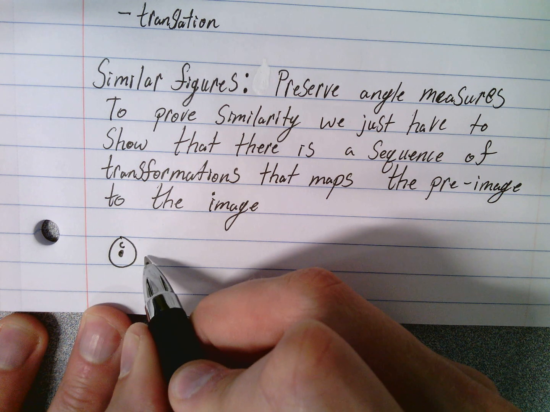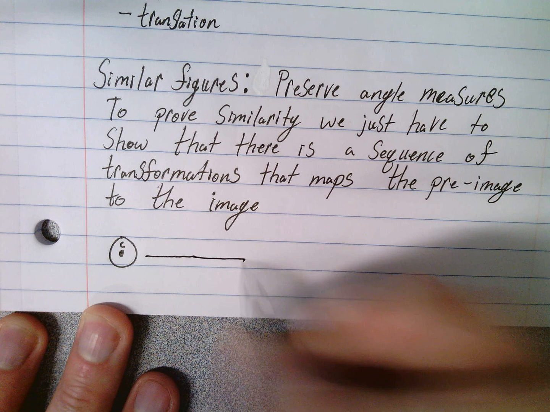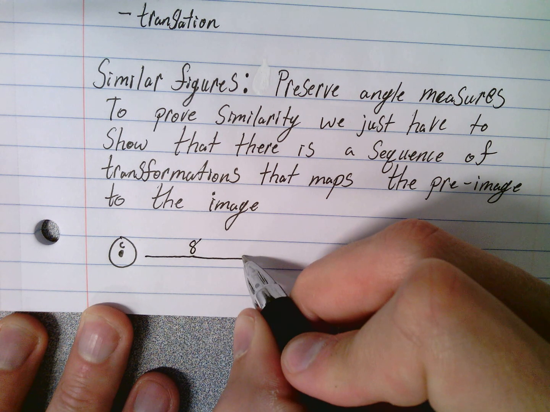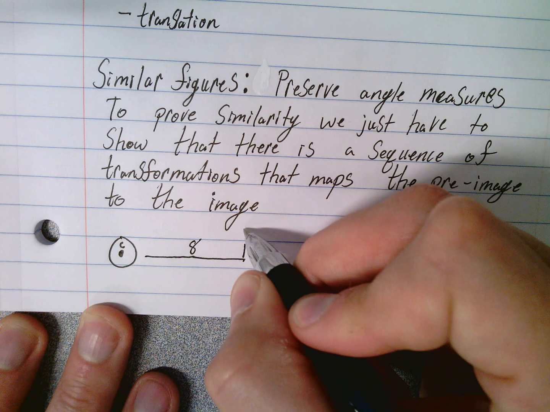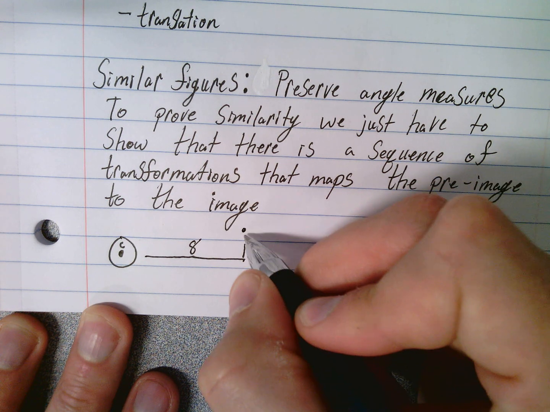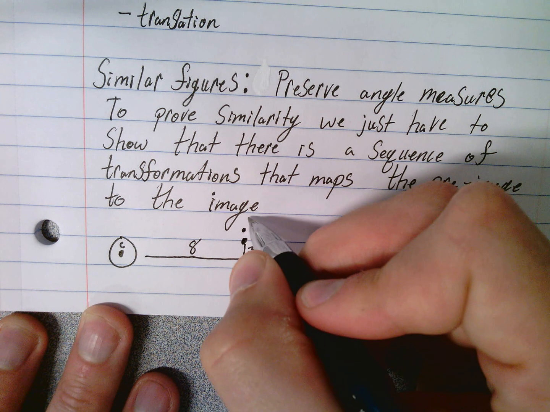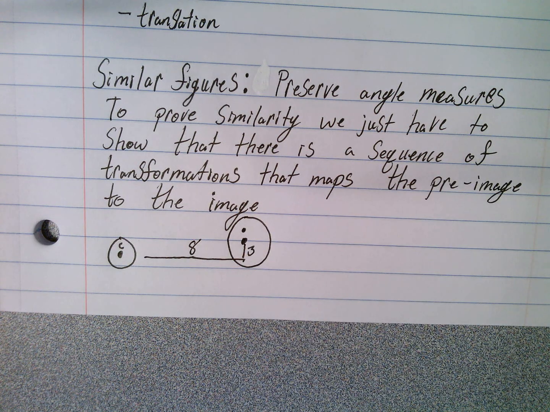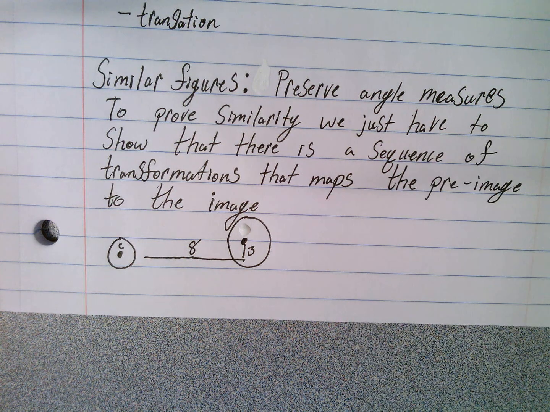I'm going to move circle C over 8, up 3, and then I'm going to change the size. So maybe I put it here instead, and then I change the size to this. Let me get rid of that erroneous dot.